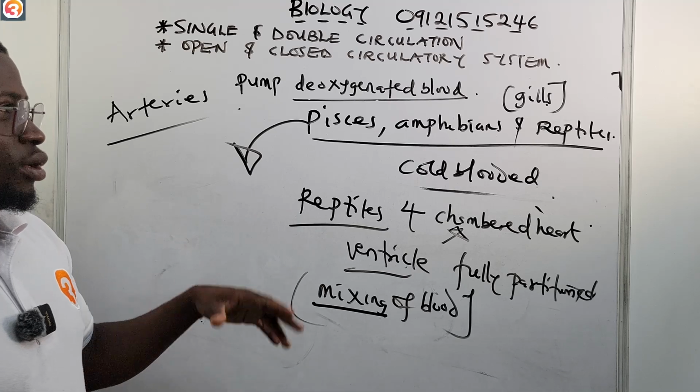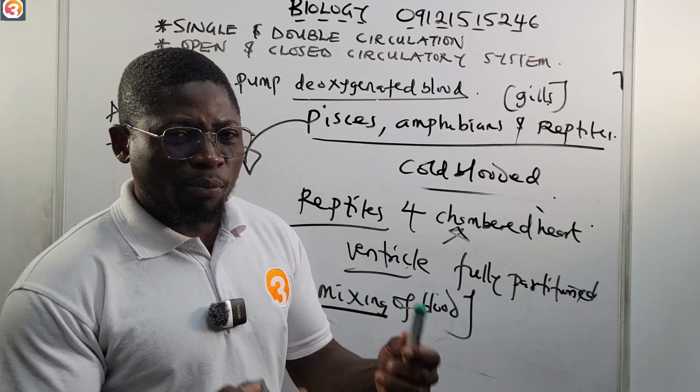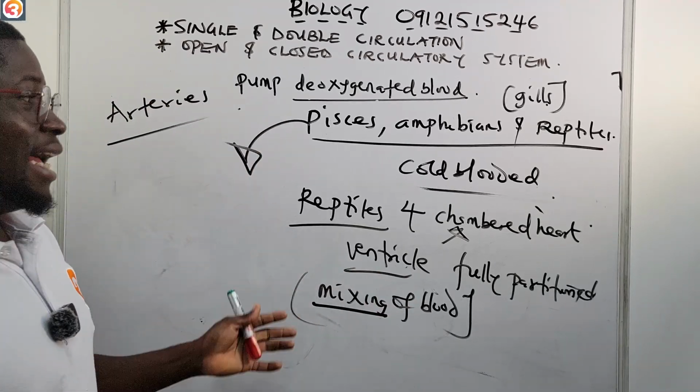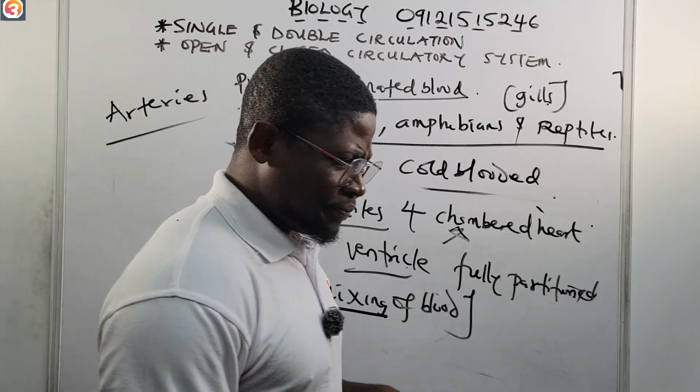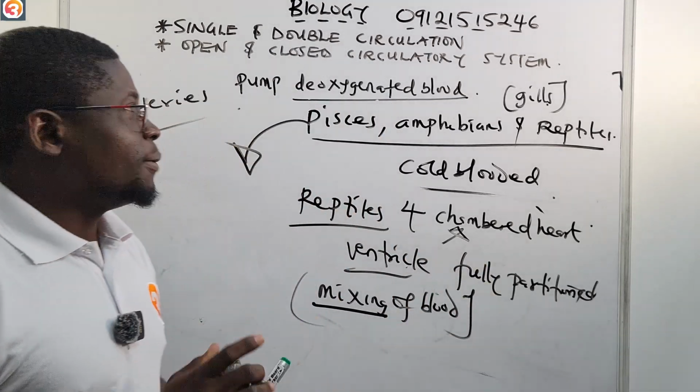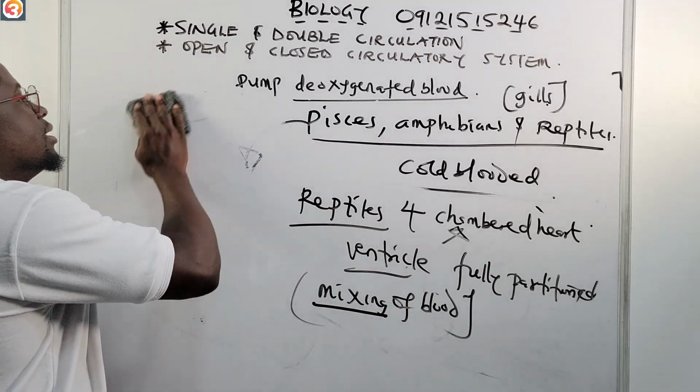So that's the difference between single circulation and double circulation. By now you already understand all of this. Now, let us talk about open and closed circulatory systems.